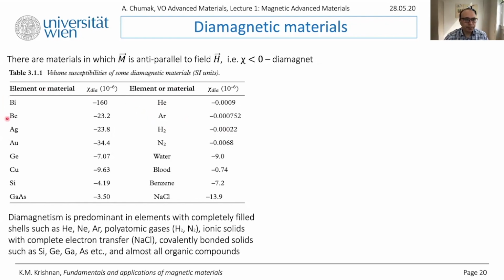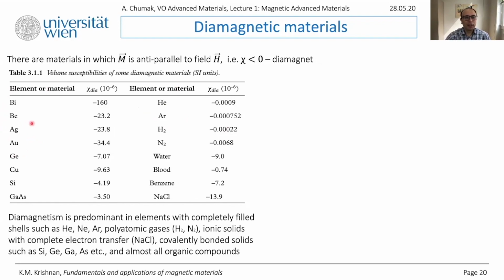Many metals, silver, gold, are also diamagnetic, but here we need to be careful, because to describe the magnetic response of metals you need different models. You need to operate with energy bands, and then some materials are diamagnetic, some are paramagnetic.